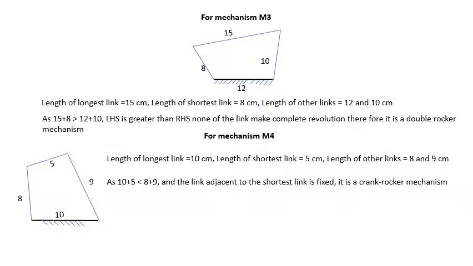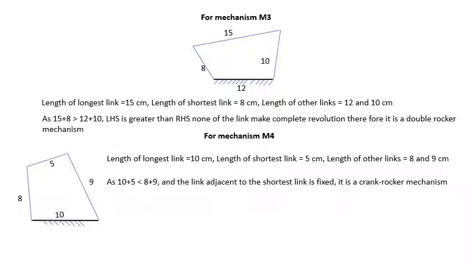Now let us consider Grashof's law: the sum of the shortest and longest link lengths must be less than or equal to the sum of the other two link lengths. So 15 plus 8 is 23, which is greater than the sum of the other two link lengths, 12 plus 10, 22.